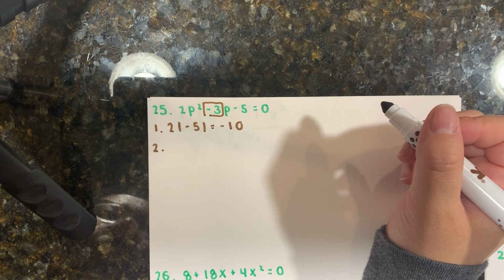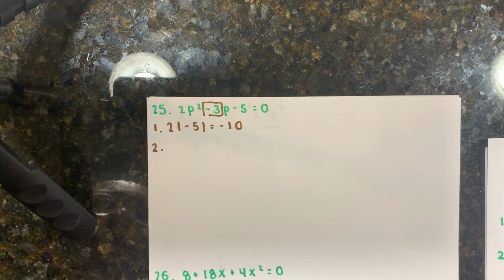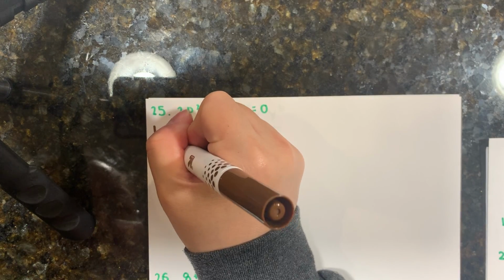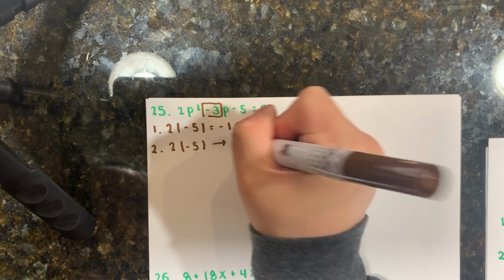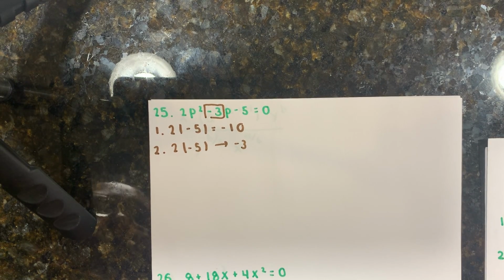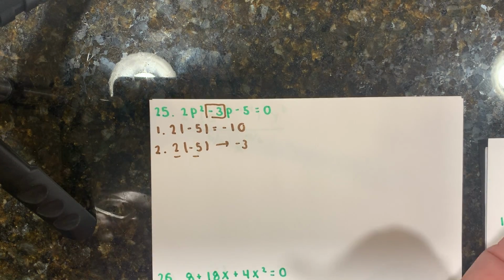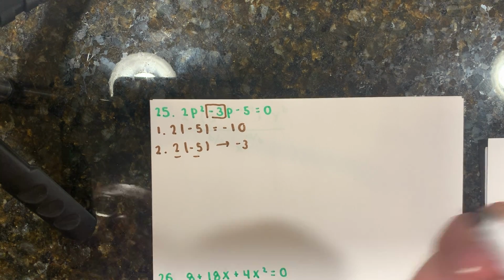If you look at the 2 and the negative 5, 2 plus negative 5 is negative 3. So 2 times negative 5 adds up to negative 3. So now the 2 and the negative 5 are what's going to replace my negative 3.